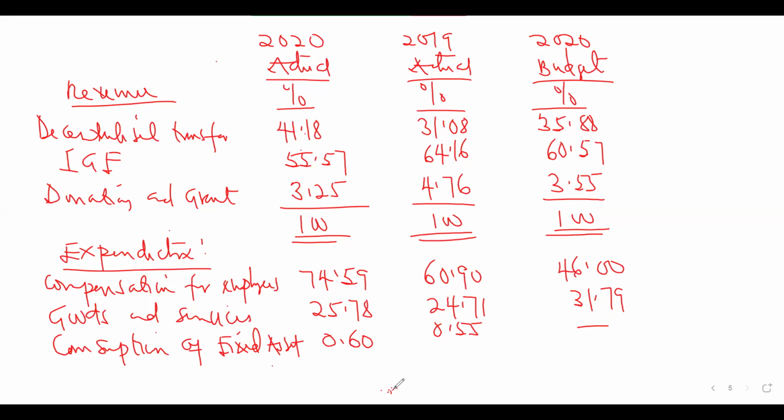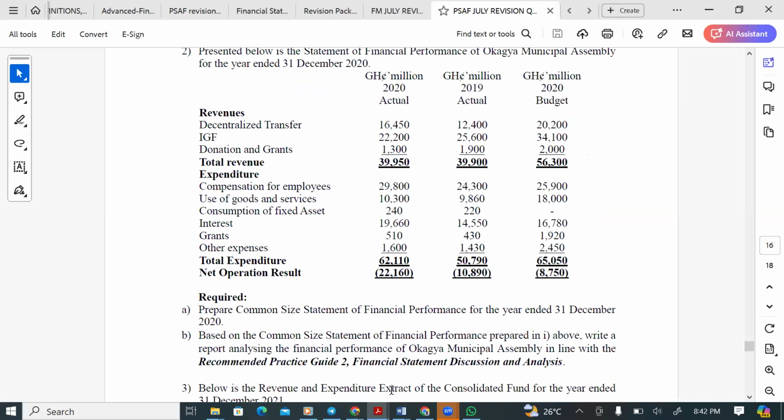So the increase of the basic total expense. Every item in the statement of financial performance is over total revenue. So we come to interest.